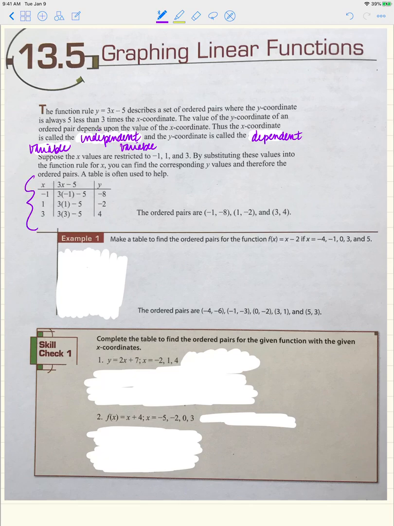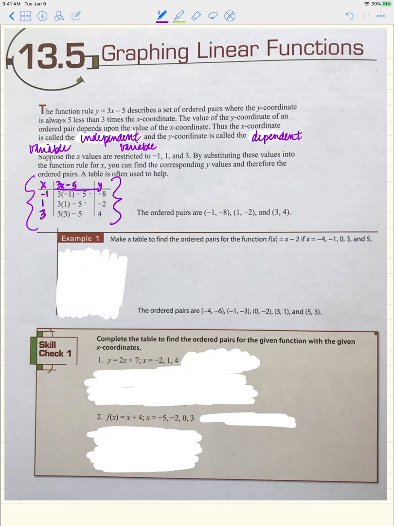So here is the table, all right, and we have our x values that we're limited to, which are -1, 1, and 3. And then in the middle of our table, we have our function rule, 3x minus 5, okay? And then they've plugged in or substituted those x values in for x for each one of those.